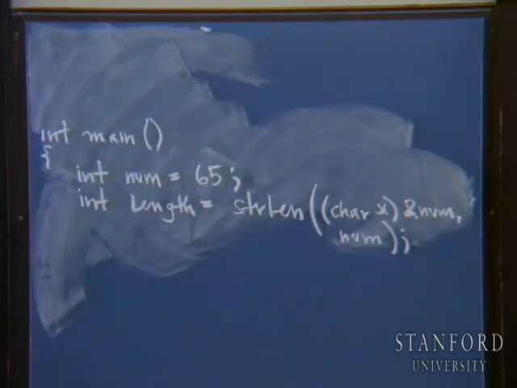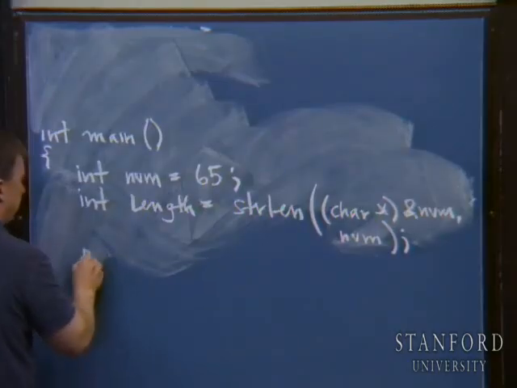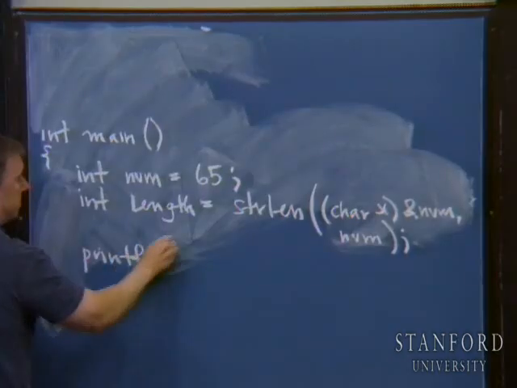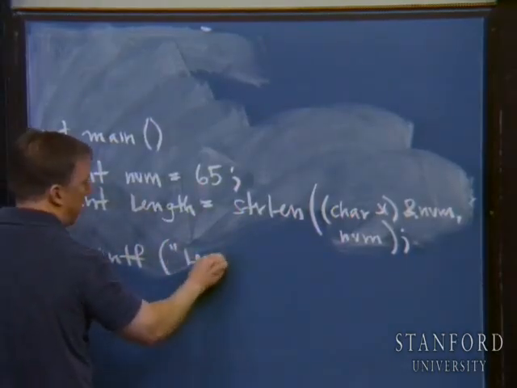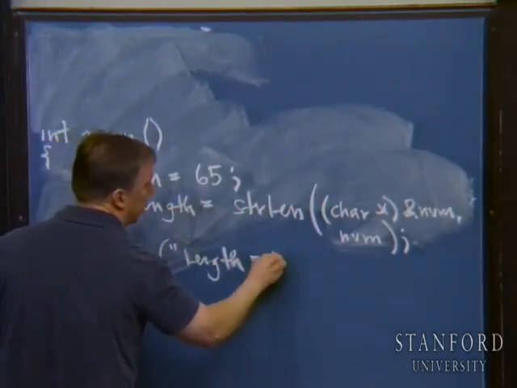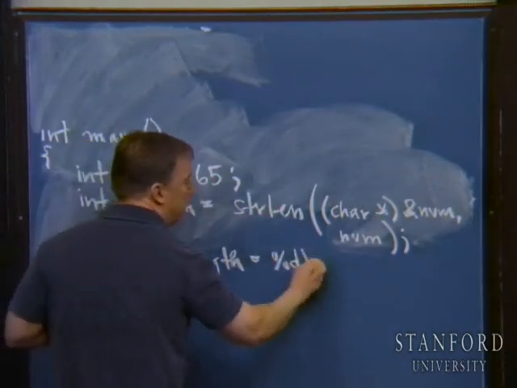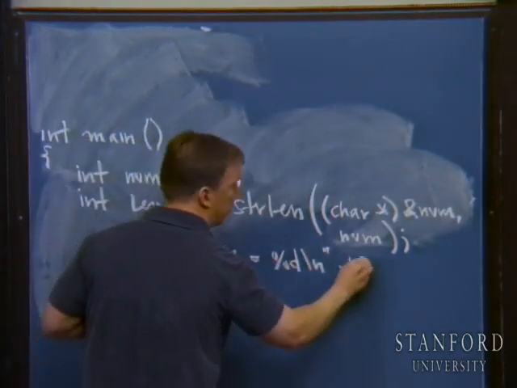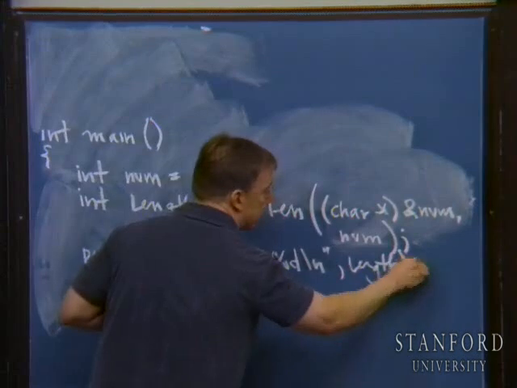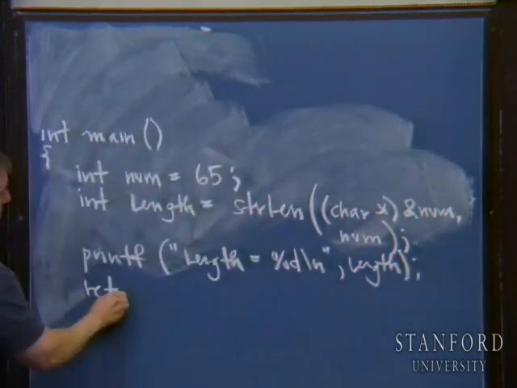So I'm calling strlen in this completely bogus way. I want to printf length equals %d \n. I'll just put length down, and I will return 0.